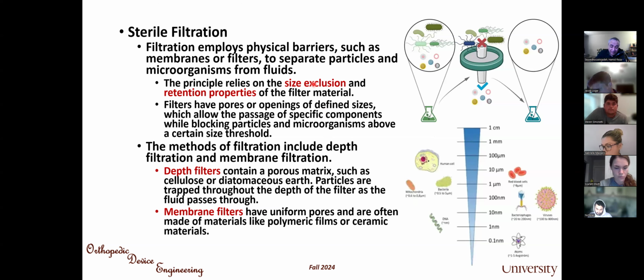And also, we can separate the bacteria and viruses, which are larger than the molecules of the medications, from the medication. So in this way, we can sterilize the medications for being used in different injections without using radiation or heat. Simply, we separate the bacteria with filters from the other molecules because their sizes are completely different.